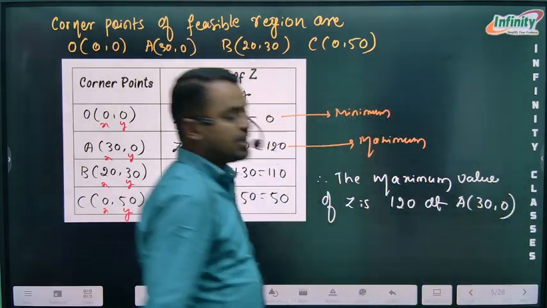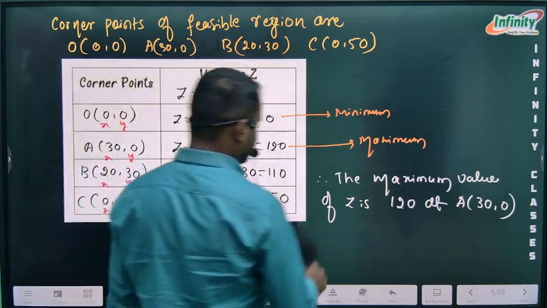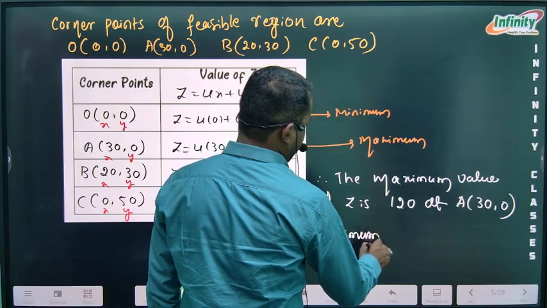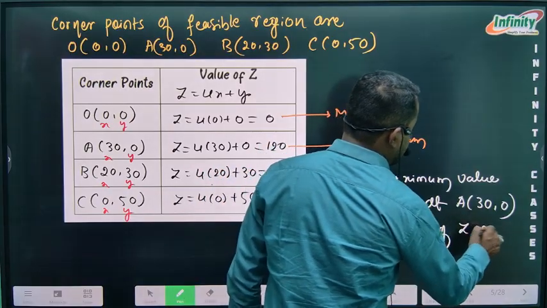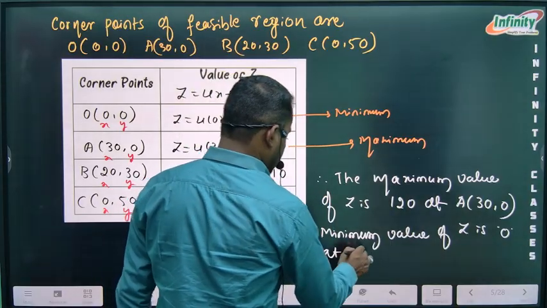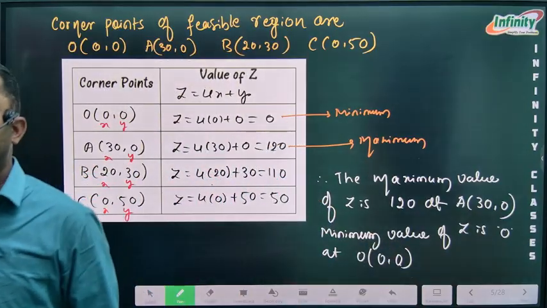And the minimum value of Z is 0 at (0, 0). Pause the video and note it down.